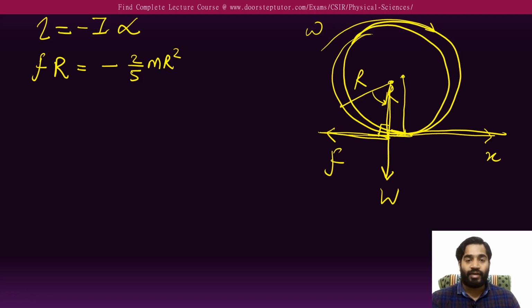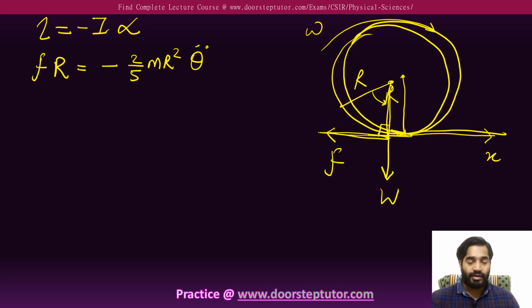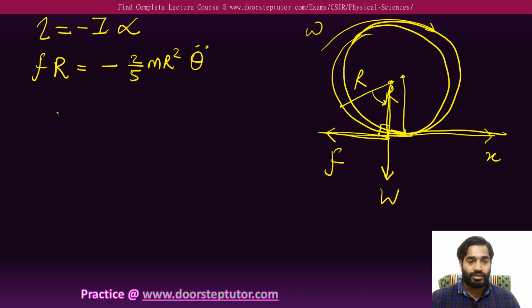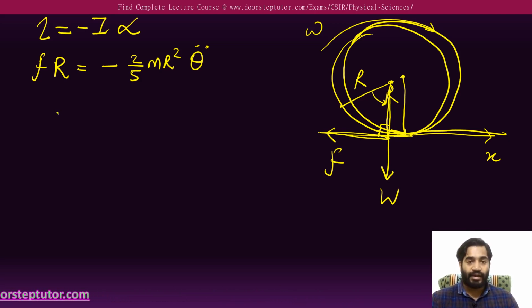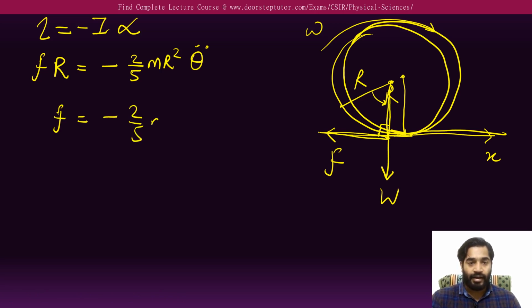And alpha is theta double dot. As I already told you, omega is theta dot and alpha is theta double dot. So the frictional force is nothing but minus 2/5 m r squared theta double dot.